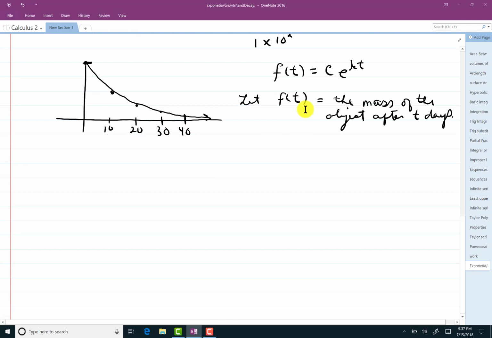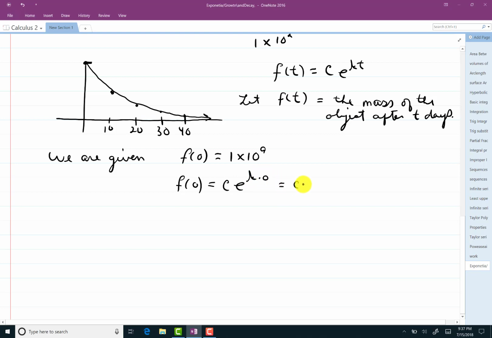So if f of t equals the mass of the object after t days, what do we know? We are given that f of 0 equals 1 times 10 to the 9th. We know that that's how much we have initially. But if I'm going to use this model, f of 0 also equals c e to the k times 0.